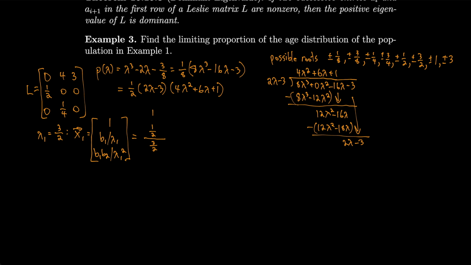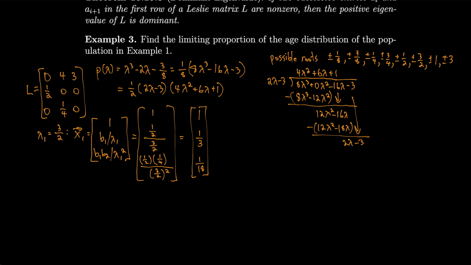And then b1 b2 is half times 1/4, and we'll divide that over 3 over 2 squared. So we get 1, 1/3, 1/18 for the eigenvector x1.